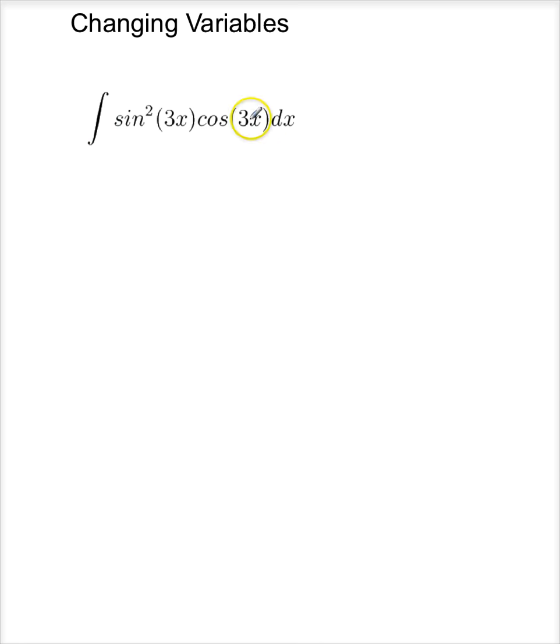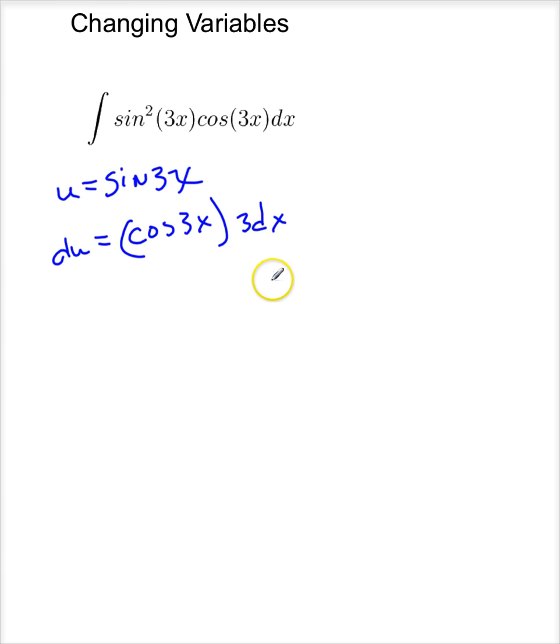In this case right here, sometimes you have trig functions. For this one, it's a little bit more work. I want to let u equal sine of 3x. Then du is the derivative of sine, which is cosine of 3x. Now I have to take the derivative of what's inside, so this is 3 dx.